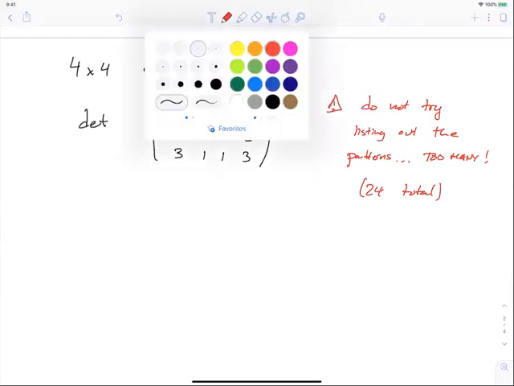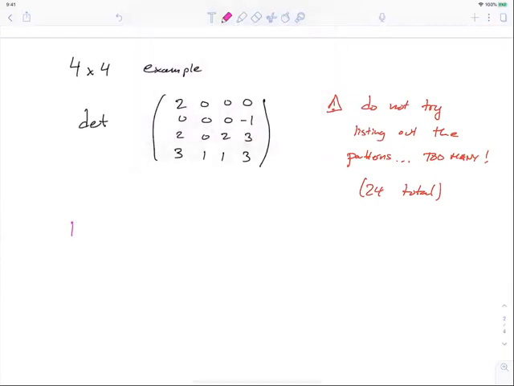So instead, what we're going to do is think about which patterns are going to contribute to the total. So we're only going to seek to find the patterns that contribute to the total.